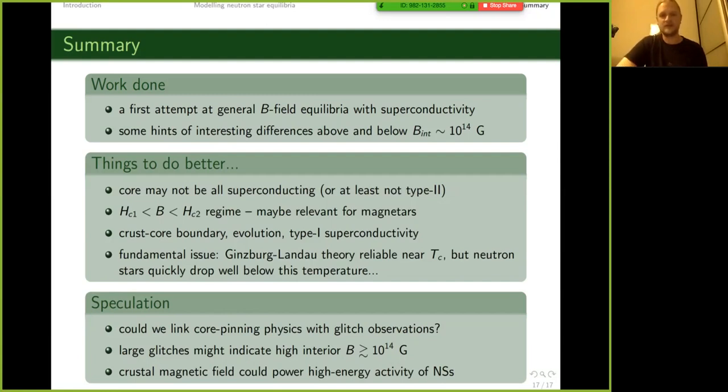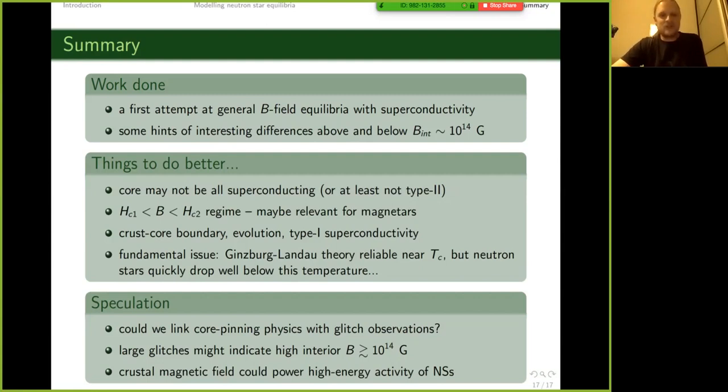For the critical temperature for protons, they've dropped below that after a year or so, a few years of life. So I've no idea how one treats that, but it certainly means that we have to tread a little bit carefully with how many of these results we take as gospel truth.